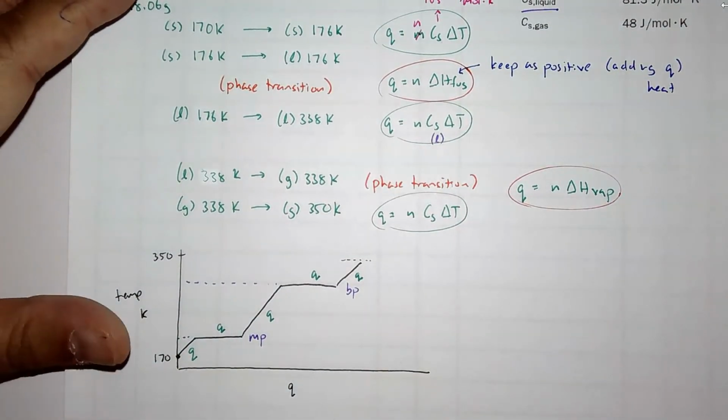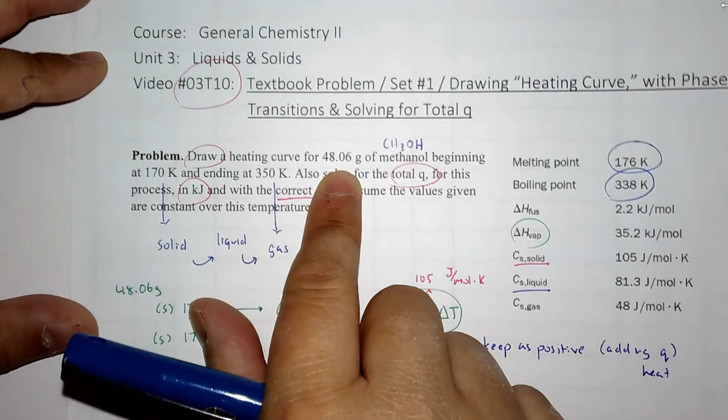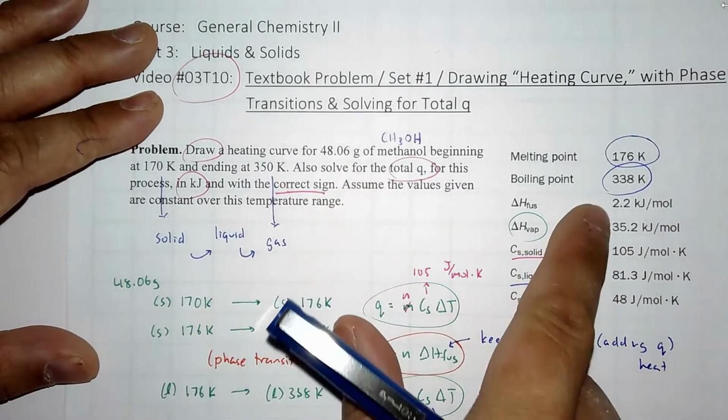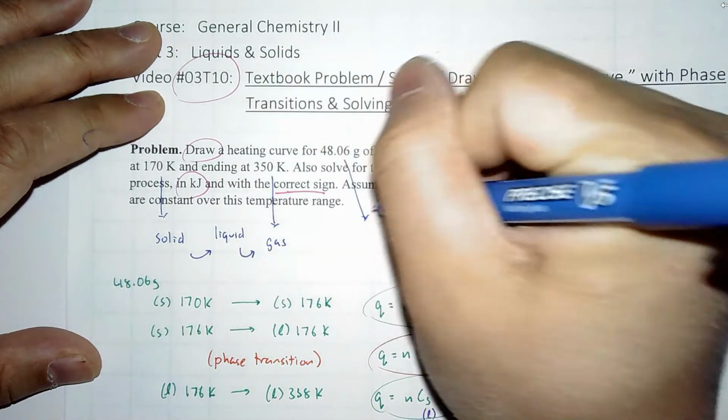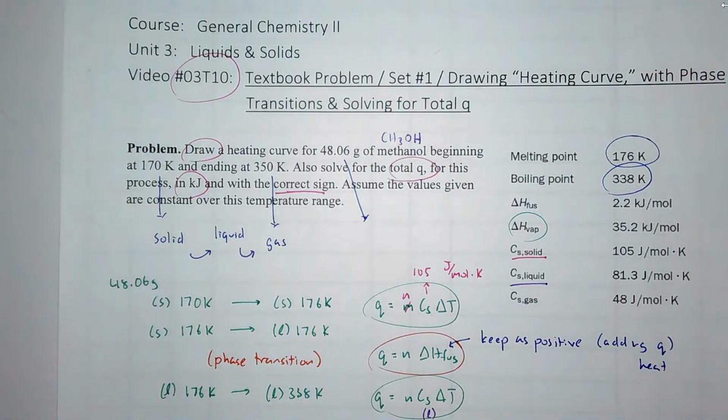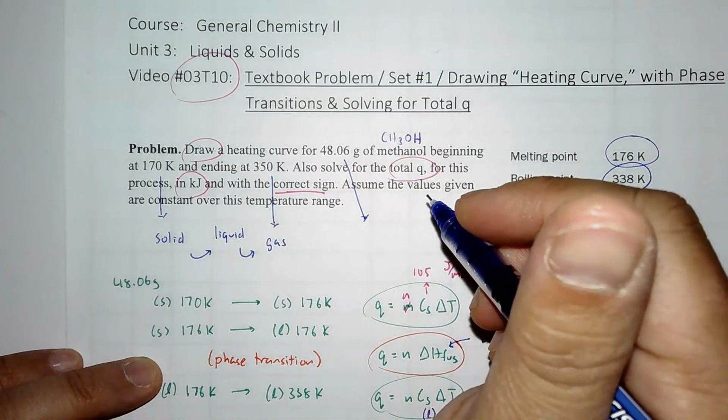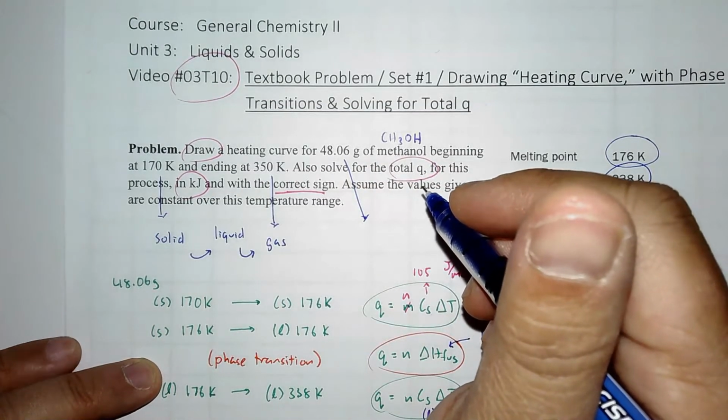I think I am. They gave us grams, but you notice that all your values are per mole. So right away, I'm going to figure out this into moles. The molar mass of methanol is 32.04. So we are, what are we doing?